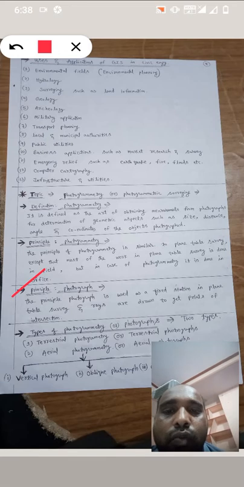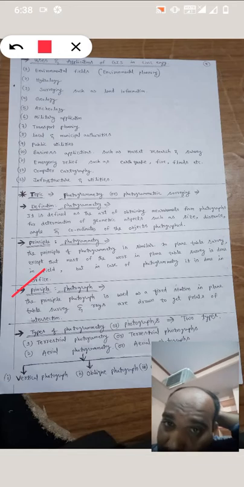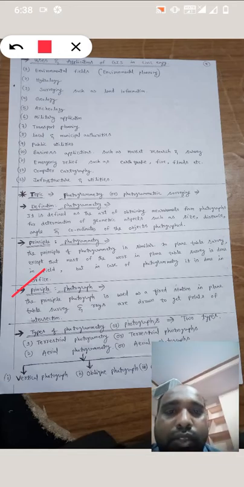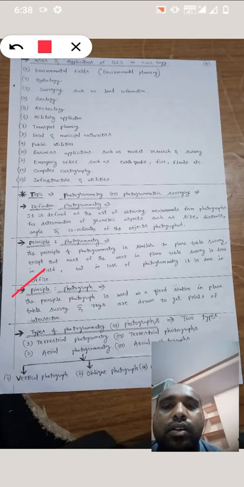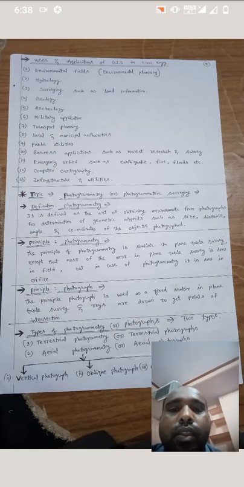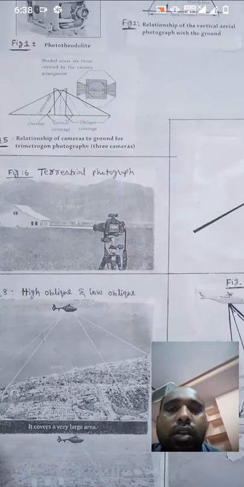Next, the photograph is used as a fixed station in a plane table survey, and rays are drawn to get points of intersection. I will show in the picture.